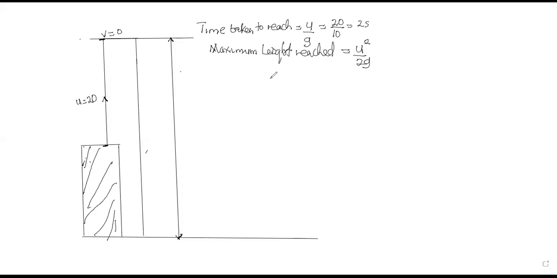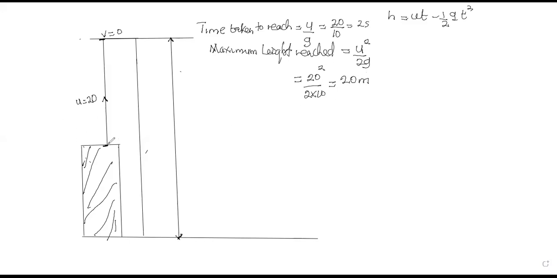Or some of you also use this relation, ut minus half gt squared, then substituted the time. Whether you use this or this, the value will be the same. So if you use this, you have 20 squared divided by 2 times 10, which is equal to 20 meters.